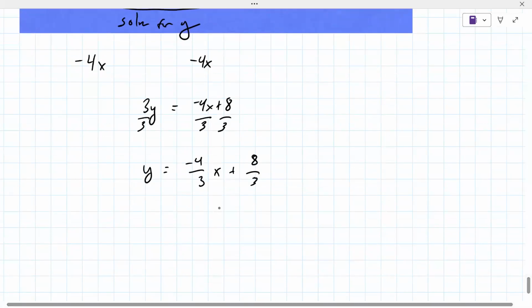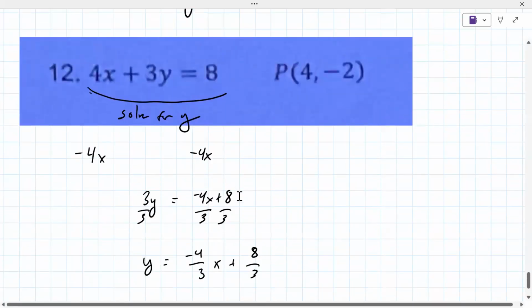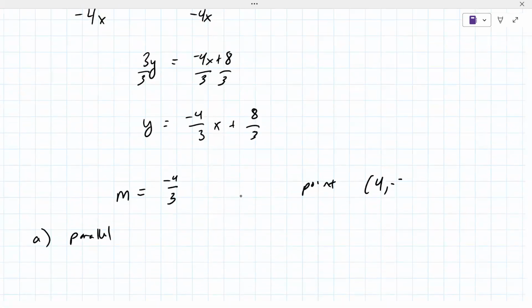All right. What is the slope of this? Minus 4 over 3x. Slope is a number. It never includes x. Never, ever, no exceptions. All right, so for the parallel line, we have a slope and a point, 4 comma negative 2.